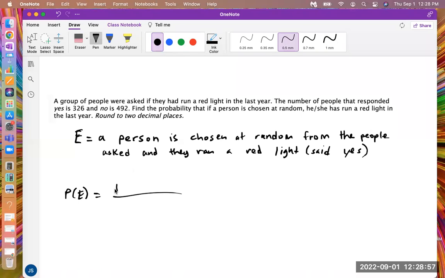So the number on top is the number of ways that E can happen, or the number of outcomes in which E would happen. And the bottom is the total number of things that could possibly happen.